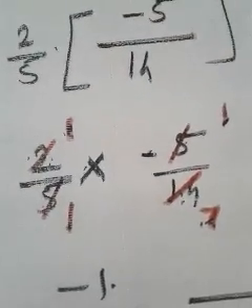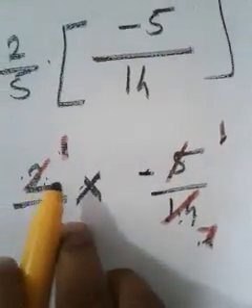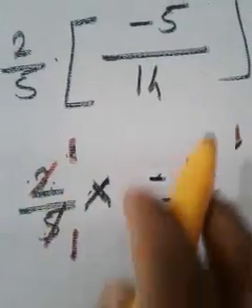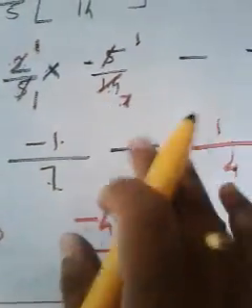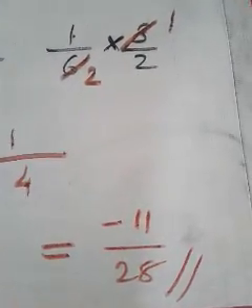Then for more simplification I applied the cut and short method. Since the operation is multiplication, you can cancel in this way. Even if the operation is plus or minus, you cannot cancel in this way. So here I cancelled, the terms became more simplified, and we got the answer as minus 11 by 28.